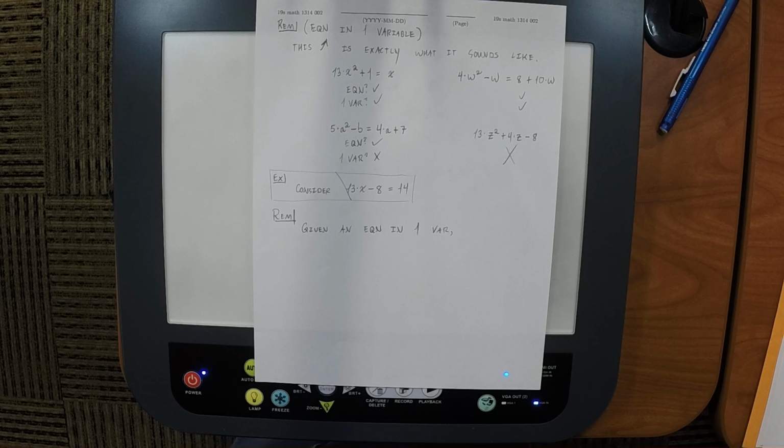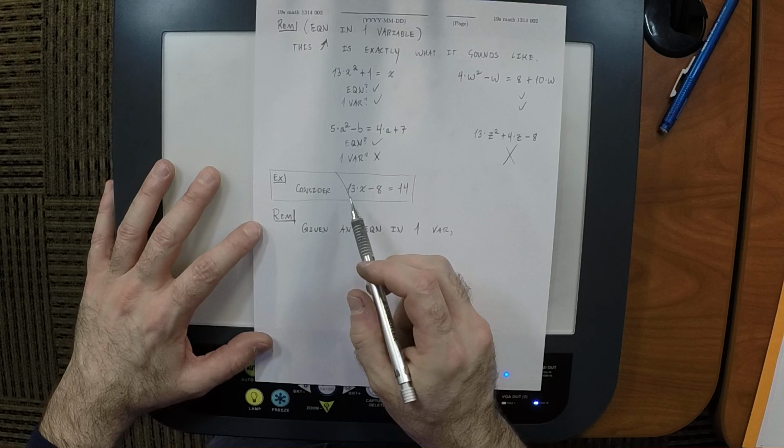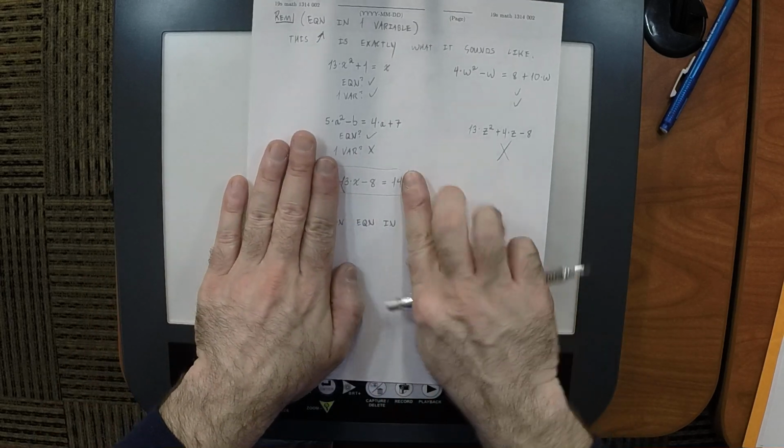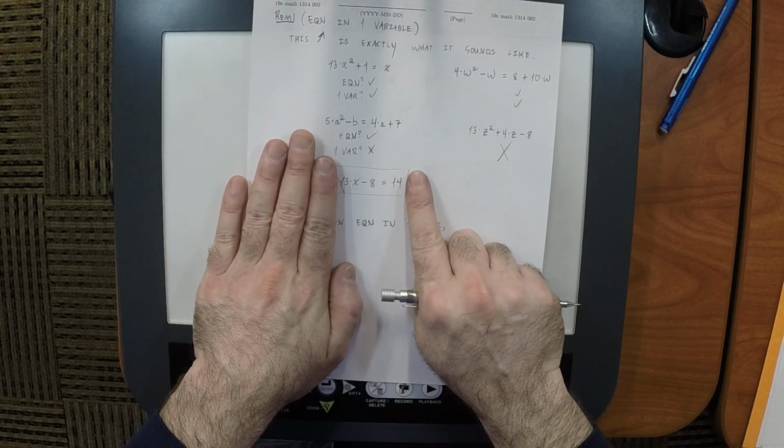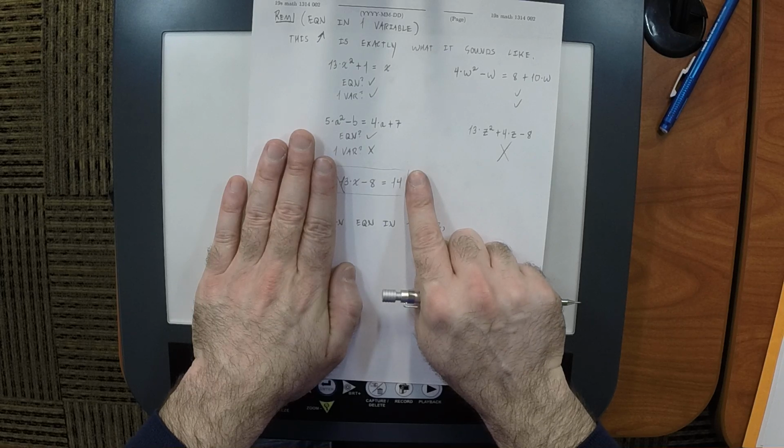Its value is not determined. It only has a value once you plug an x in. Right now, just looking at it, it's not anything. So you've got to plug in an x to see if it's going to be false or true or what have you.